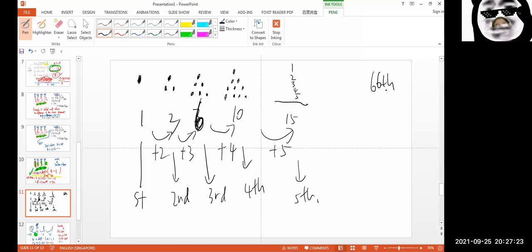What's the pattern? Any idea or not? Tell me the pattern.